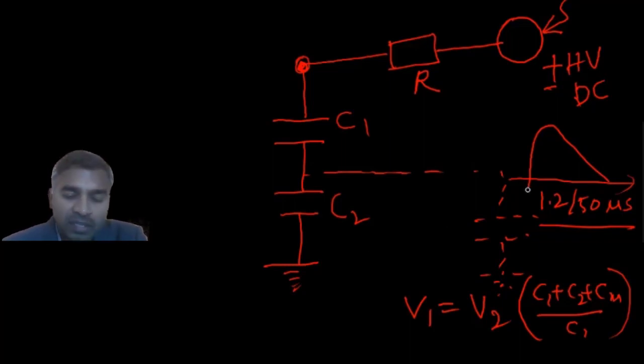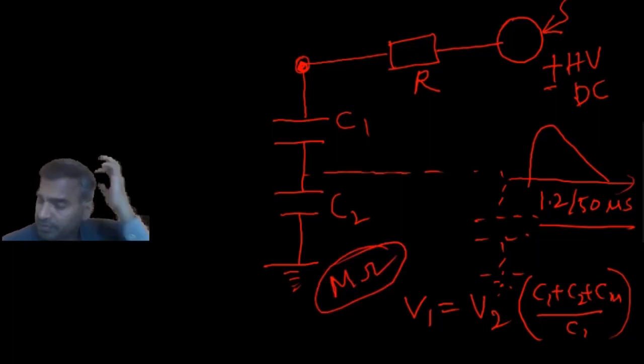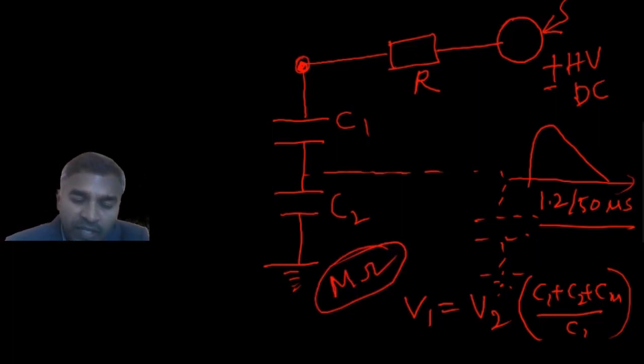You are telling the answer. Megaohm range, right? Yes, sir. Still not a problem. So with appropriate design of C1 and C2, it is possible to use the capacitive divider for impulse voltages also.